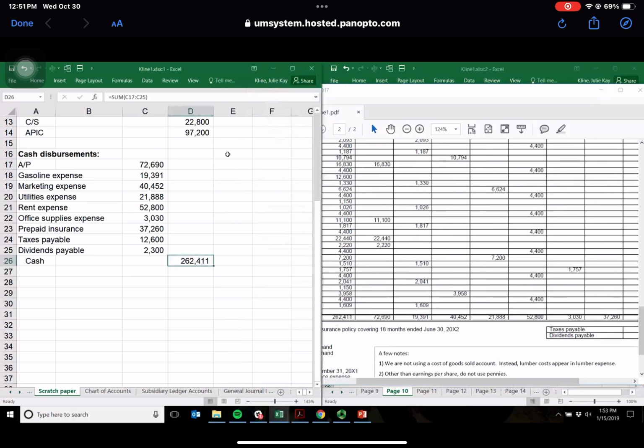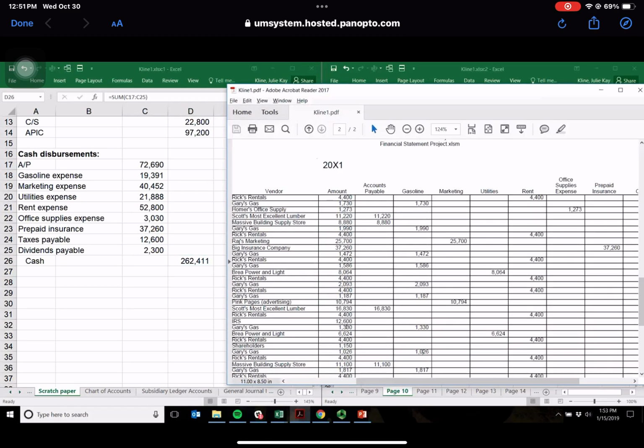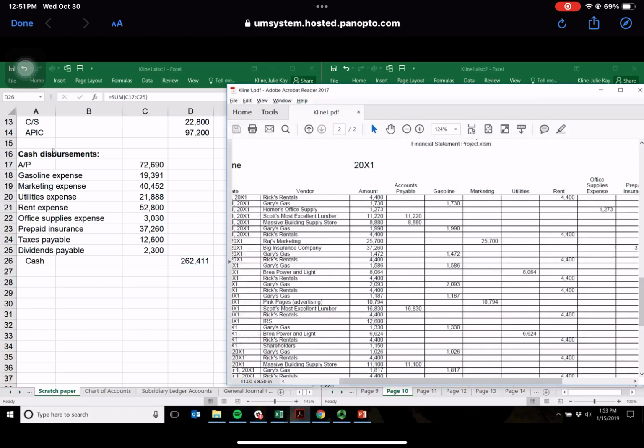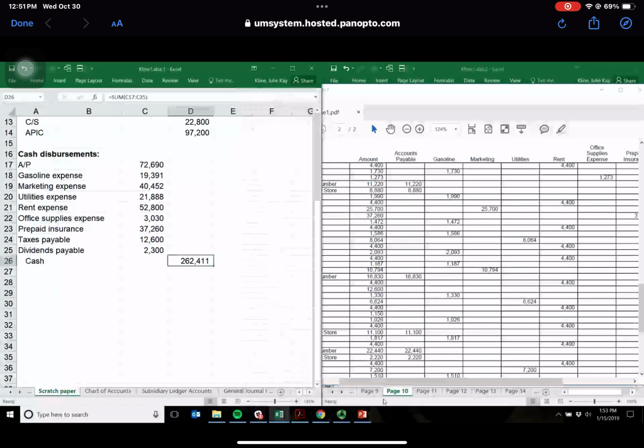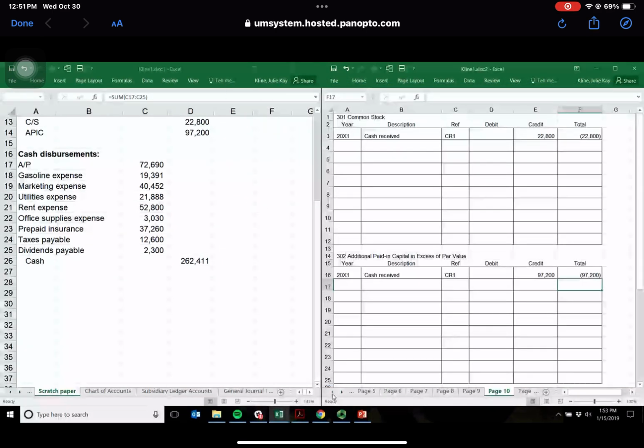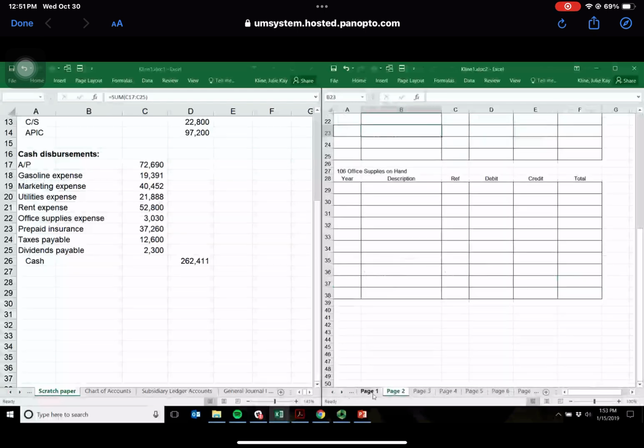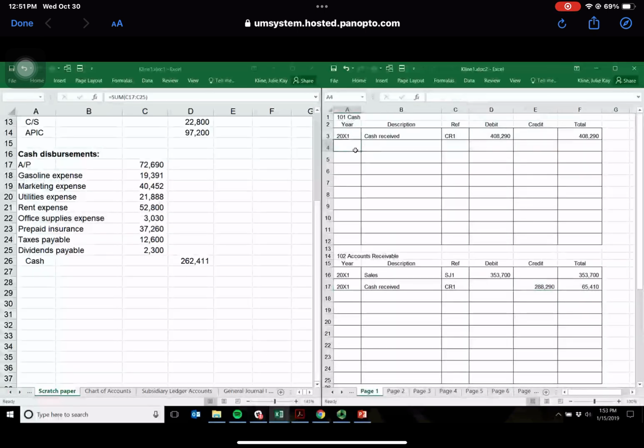All right, so now what we're trying to do here is post this cash disbursements journal to the ledger. So we come to the top and we say, okay, here's our accounts payable. I'm going to go ahead and post cash. It's the first account here, I know where it is. So this is 2001. This is our cash paid.